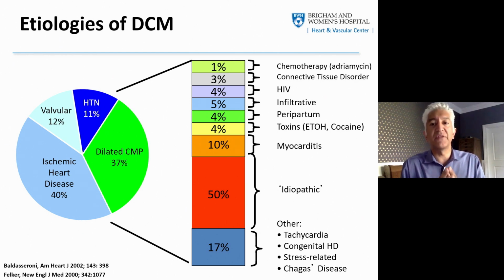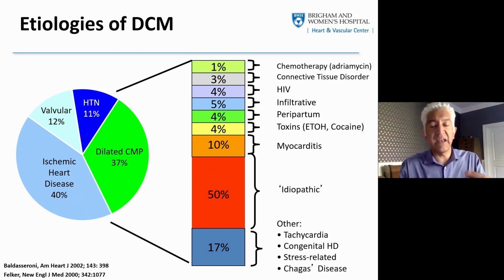Or doxorubicin, but there are a number of other new chemotherapeutic agents, including immune checkpoint inhibitors that have been implicated, a range of other disorders, and we'll talk about some specific entities, including toxin and peripartum cardiomyopathy, as well as myocarditis. But even after we've done an exhaustive search, there's still about half of these cases that are unexplained, and those are idiopathic cardiomyopathies.